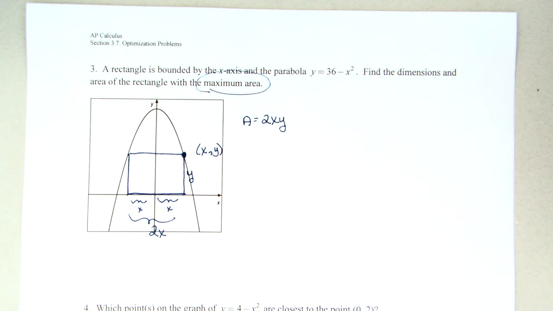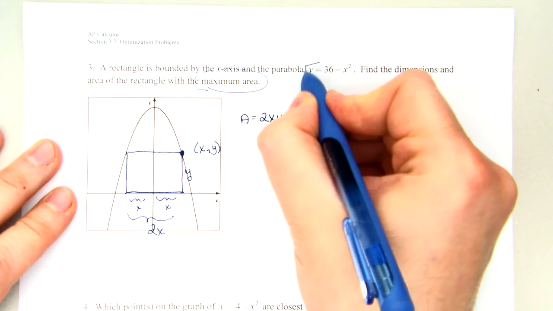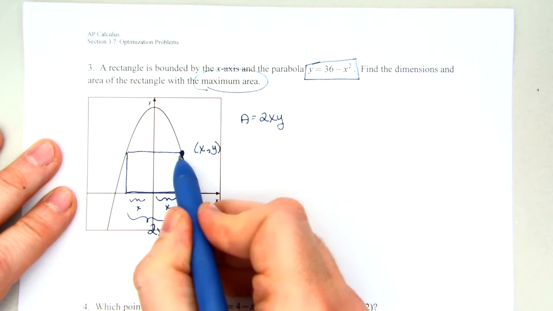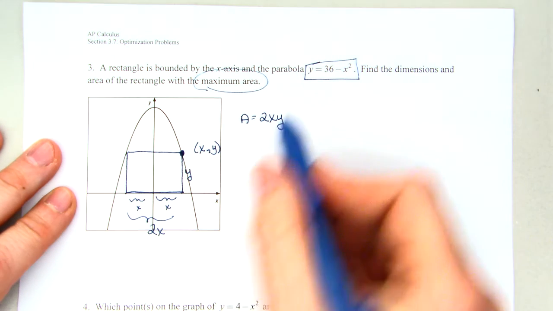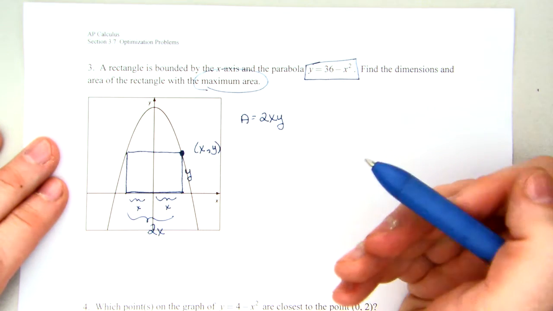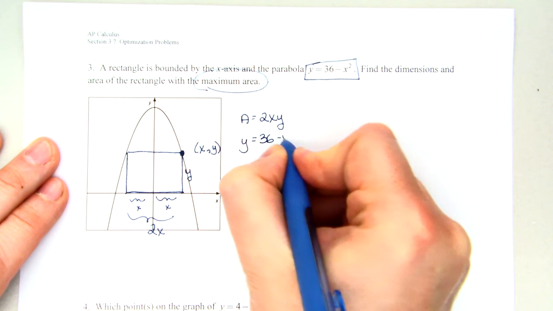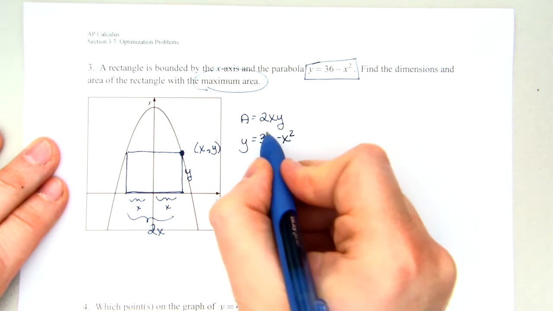For a secondary equation, I need some way to relate x and y. Do you have any ideas? I need to go and use that formula for the parabola. For any point on the parabola, which will be a vertex of my rectangle, I know that y equals 36 minus x squared. So I can say y equals 36 minus x squared is my secondary equation.